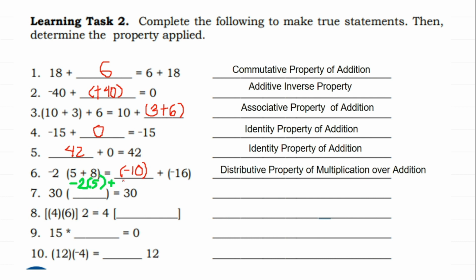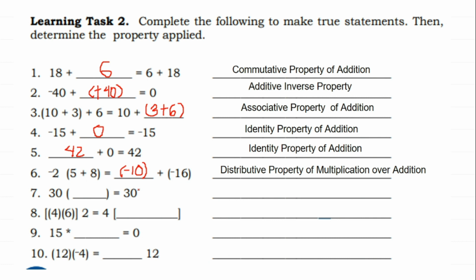That's distributive property of multiplication over addition. Negative 2 times positive 8. Okay? So, therefore, ito ay negative 10 plus negative 16. Meron na tayong negative 16 doon. Therefore, tama siya na negative 10 yung hinahanap natin doon. Okay? So, that is distributive property of multiplication over addition.